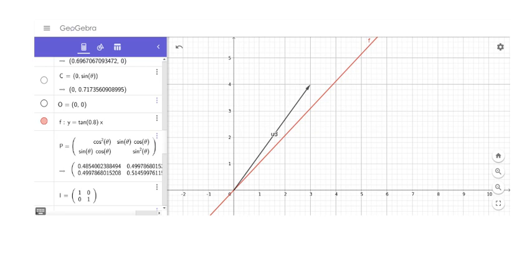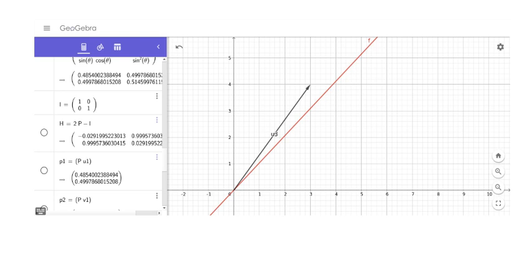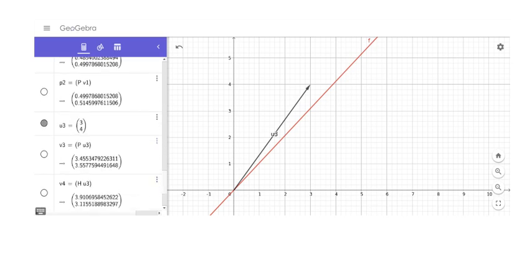I have generated the matrix P as we discussed earlier, cos square theta, sin theta cos theta, sin theta cos theta, sin square theta, and H also, H is 2P minus I, so that is also generated. Now I am considering a vector U3 equal to 3, 4, some randomly taken vector.